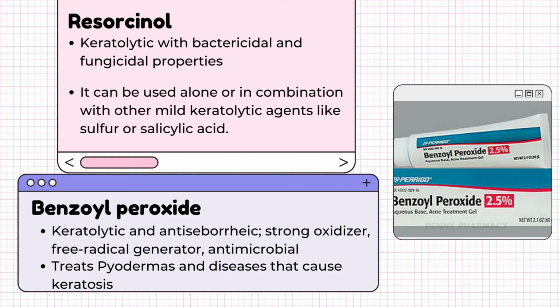Benzoyl peroxide is a keratolytic and anti-seborrheic agent that is also a strong oxidizer, free radical generator, and antimicrobial, and has been used in veterinary dermatology for many years. Due to its bactericidal activities, benzoyl peroxide is indicated in the treatment of pyodermas as well as in diseases that cause keratosis.